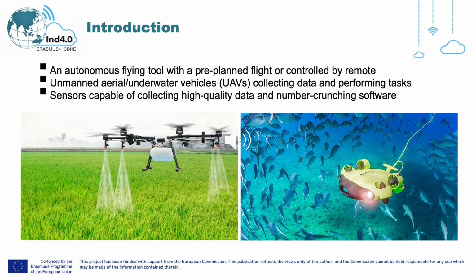Unmanned aerial vehicles, UAVs, may one day consist of autonomous swarms of drones collecting data and performing tasks. The biggest obstacle to that becoming a reality is sensors capable of collecting high-quality data and number crunching software that can make that high-tech dream a reality.